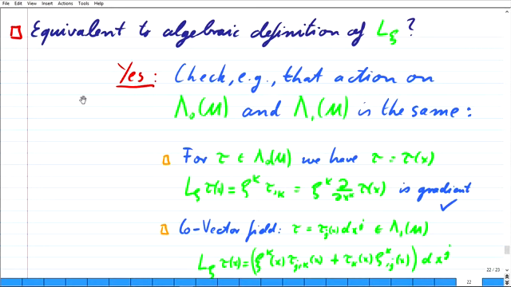Let's say our tensor in question is just a function. It's a 0 form. So then tau is simply tau of x. It has no indices. And therefore, the Lie derivative on our tensor field, which is just a 0 form, just a function, is by the above formula simply this, right?